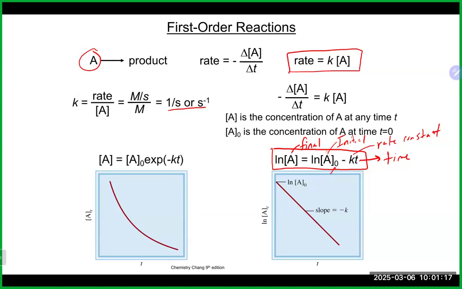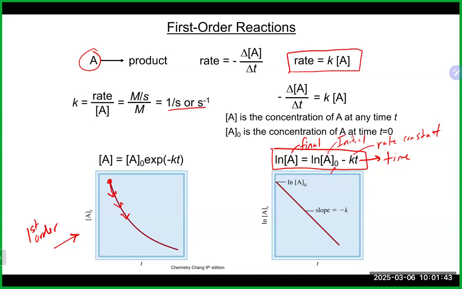Now, this is a typical graph that you could see for a first order reaction. It shows the concentration of A over time, and as you can see here, as time goes on, we would expect A to start to decrease with time. But when we do kinetics, for the most part, we're interested in more of a linear relationship with all these things.